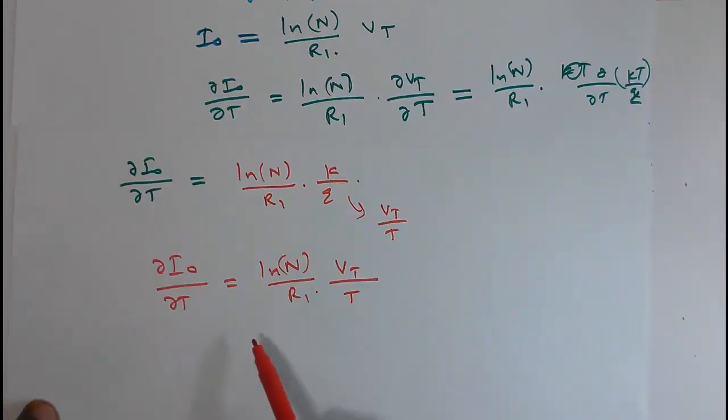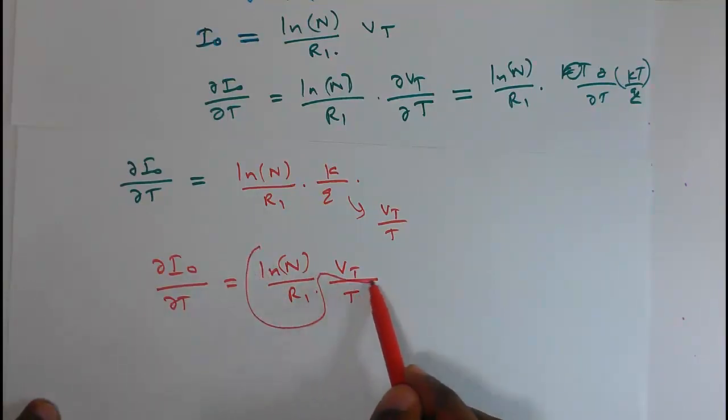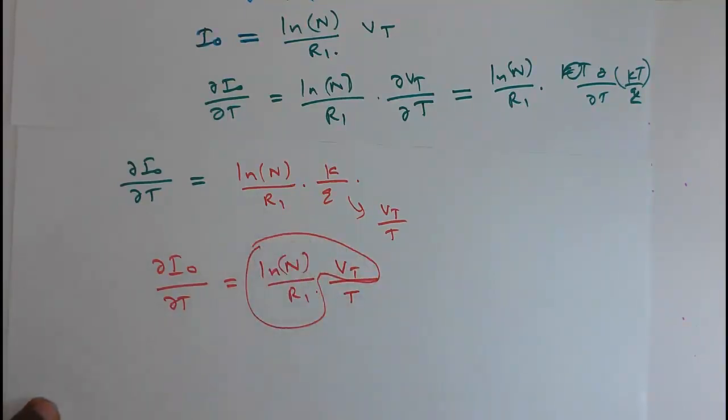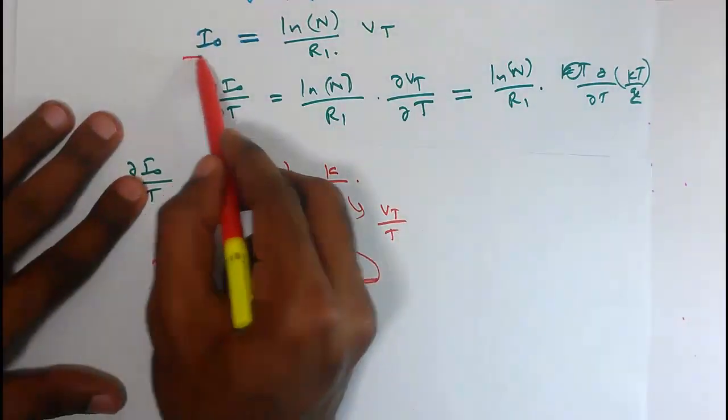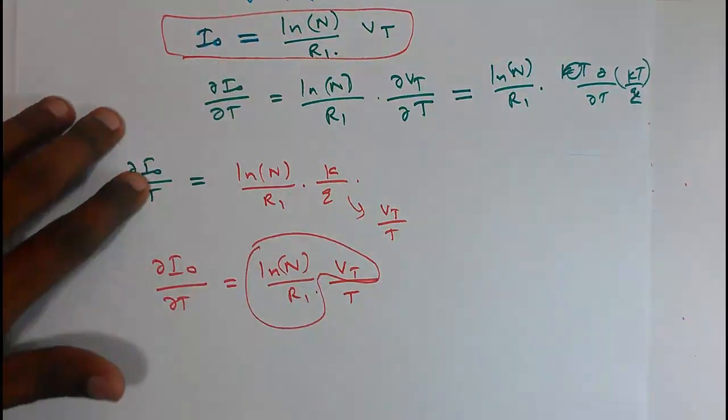Now again this term, ln n into Vt divided by R1, is the expression for I0 itself.